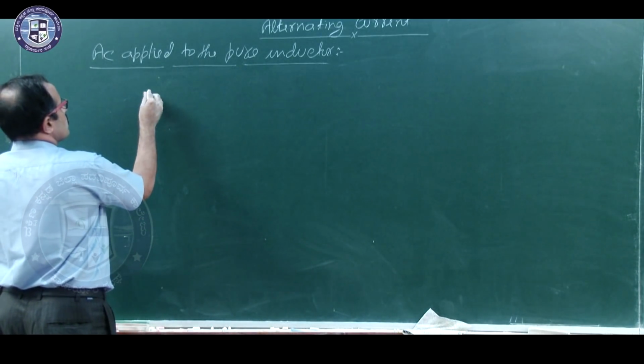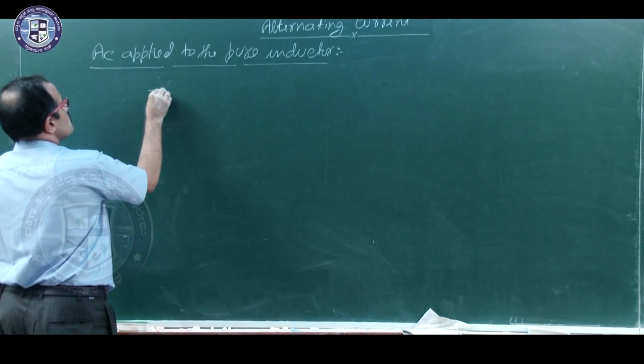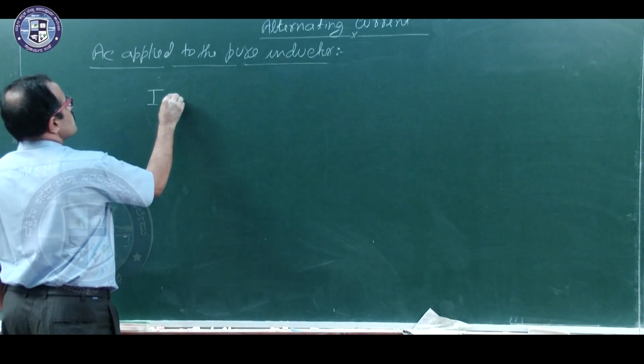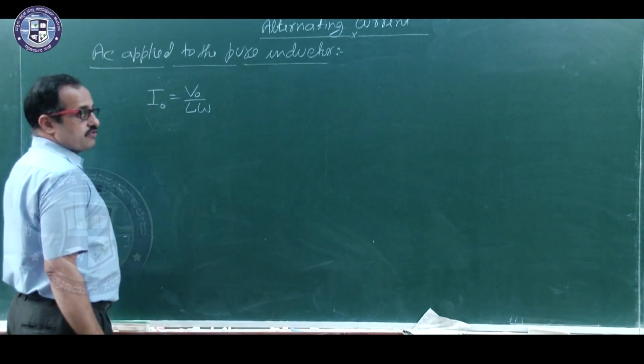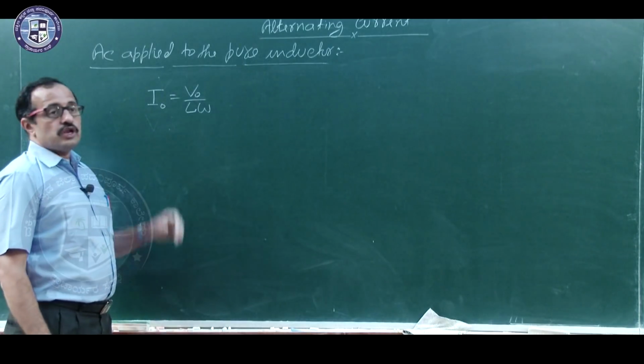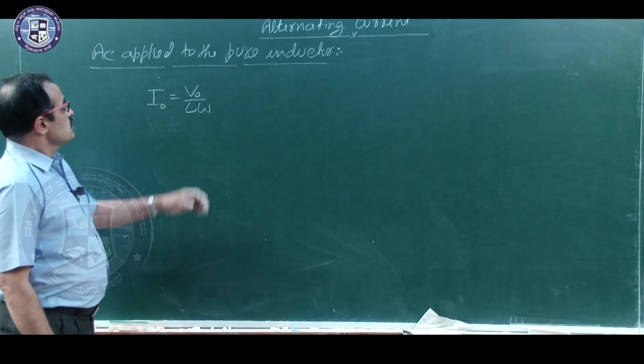In the earlier discussion, we took I naught is equal to V naught by L omega, where L is the self inductance, omega is the angular frequency of AC.